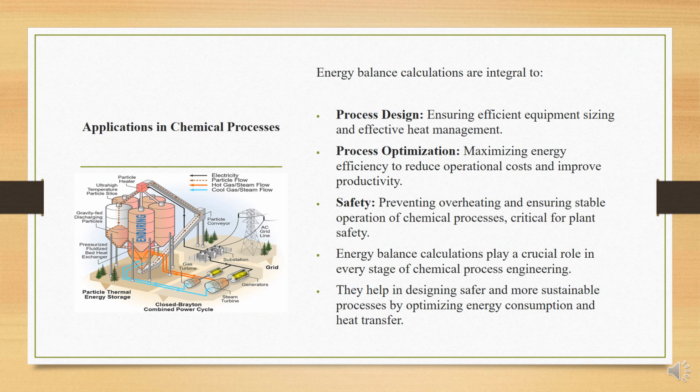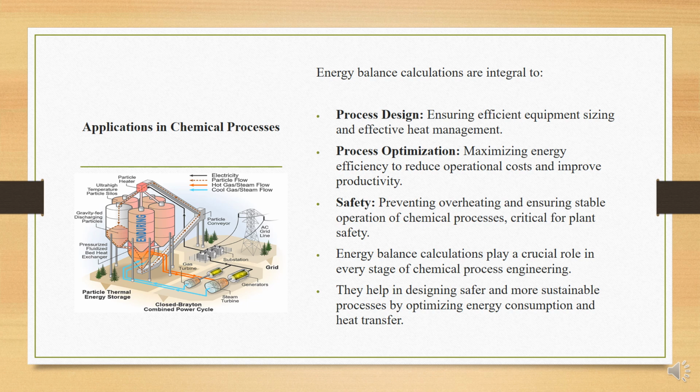Applications in chemical processes. Energy balance calculations are integral to: 1. Process design, ensuring efficient equipment sizing and effective heat management. 2. Process optimization, maximizing energy efficiency to reduce operational costs and improve productivity. 3.